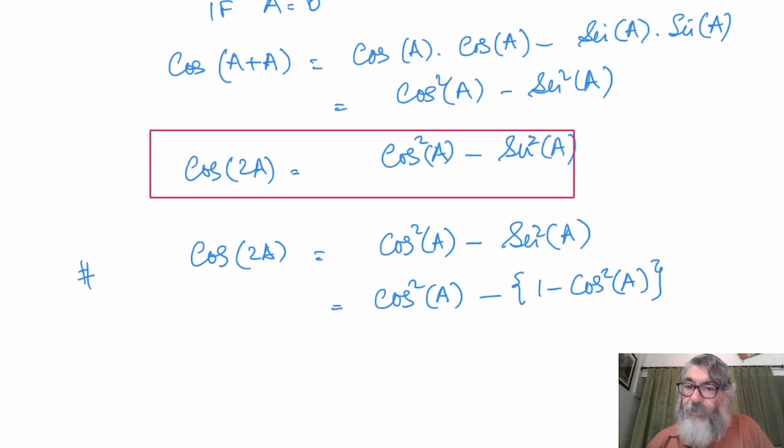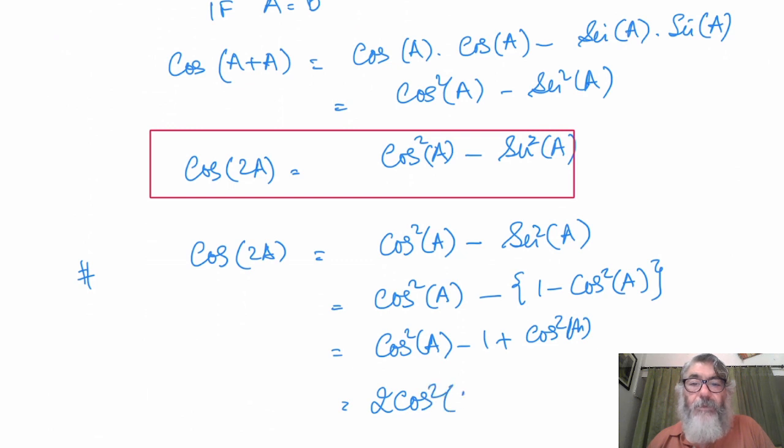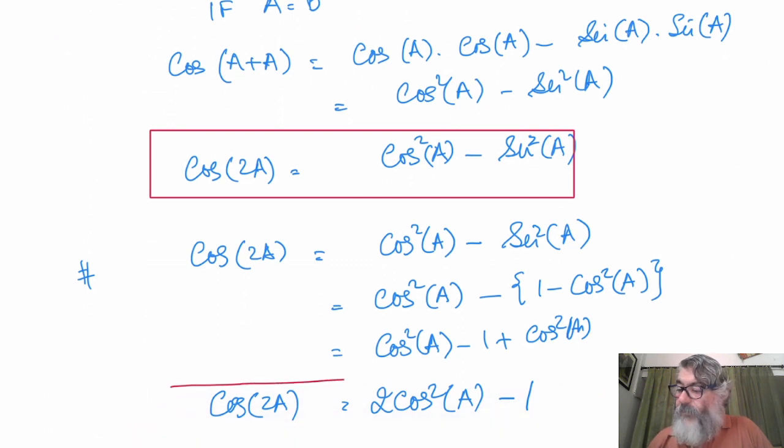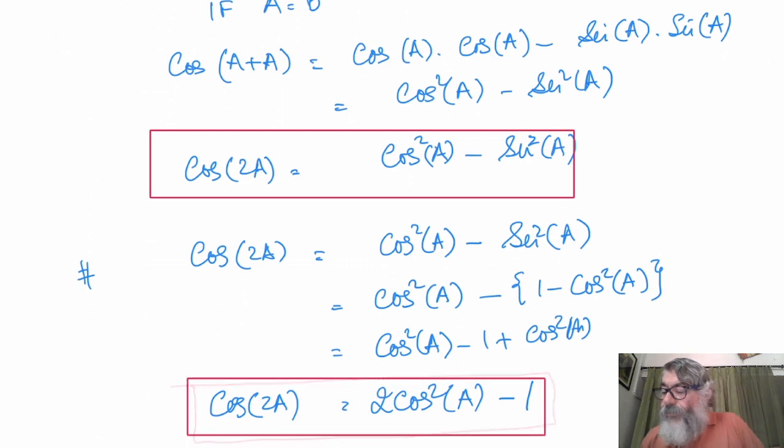So it will become cos square A minus 1 plus cos square A, or it will become 2 cos square A minus 1. Cos 2A becomes 2 cos square A minus 1, another formula.